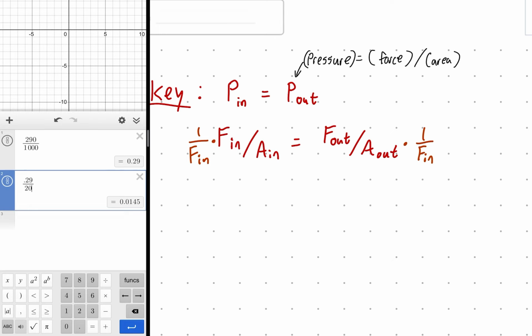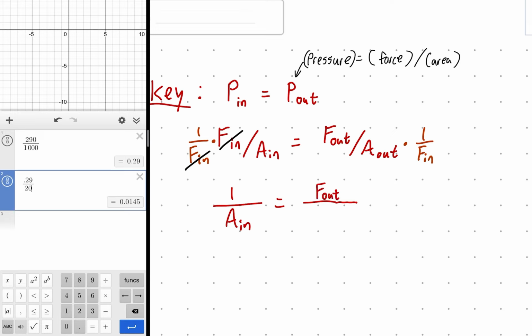And you can see then that that's going to cause F in to cancel out on the left-hand side, and then we're going to have an expression that remains, 1 over A in equals, and notice I'm writing my fractions a little bit more carefully here, using the horizontal line so you can really clearly see what's in the numerator and what's in the denominator.